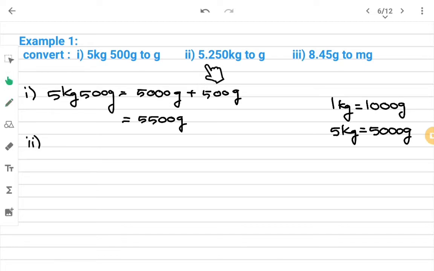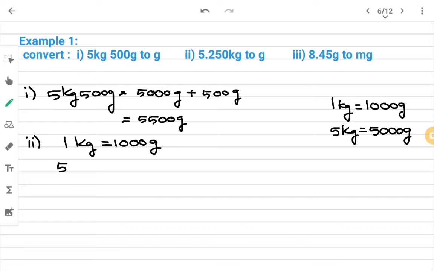Now the second substitution. Here they have given 5.250 kilogram. You are going to convert it to gram. The same conversion, right? We know 1 kilogram is equal to 1000 gram.